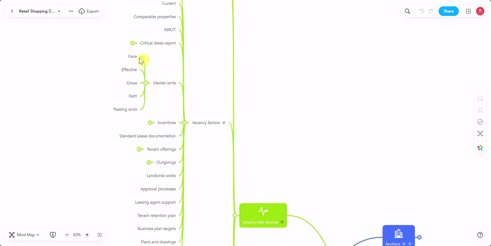So these two words here, face and effective. A face rent means that the rent was struck using an incentive in the property. An incentive incentivizes the tenant to do the lease deal, of course. But the incentive also needs to be recovered over time.